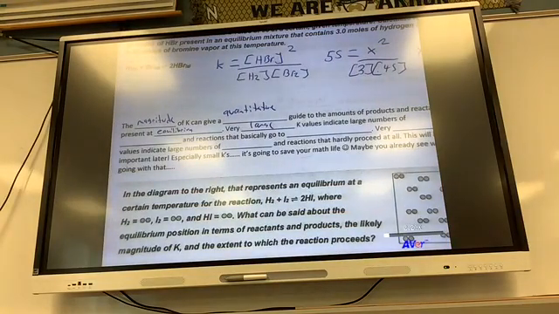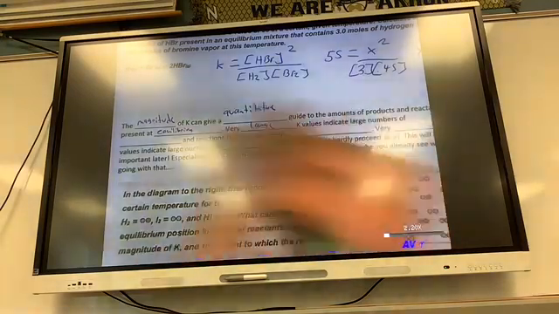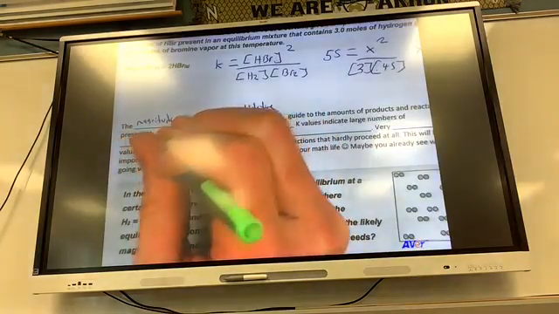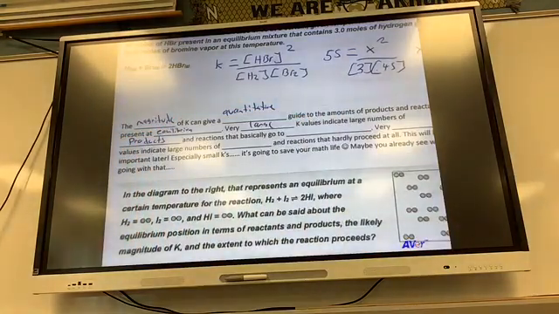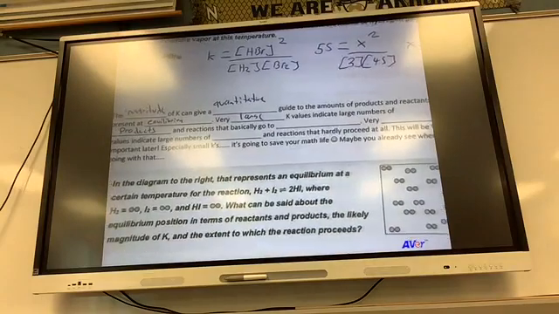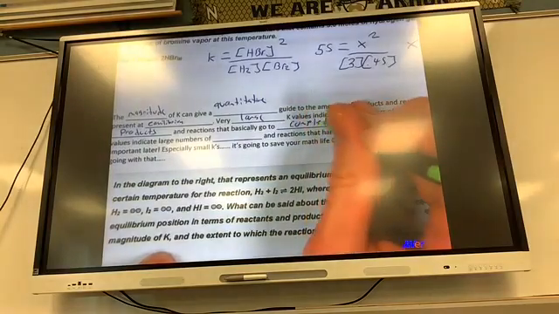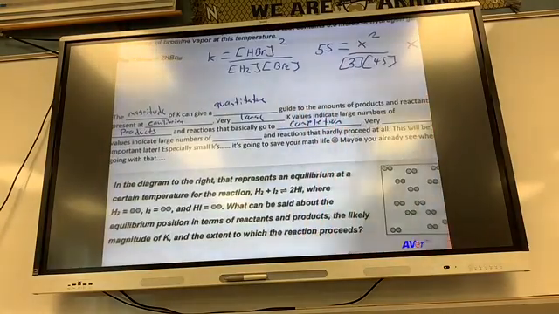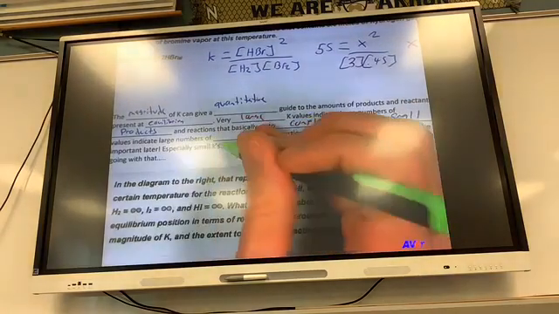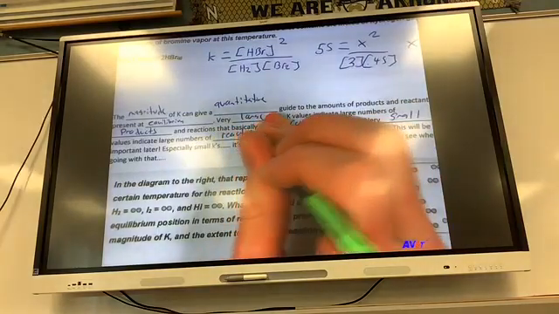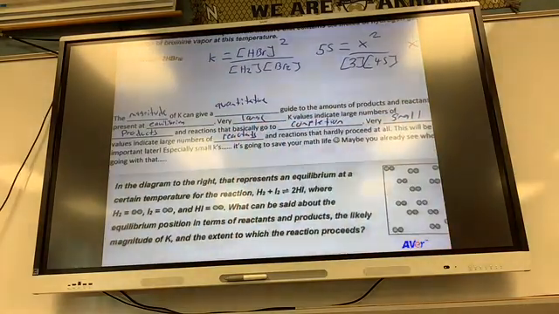We know that in the K expressions, products are on the top. Very large numbers of products, in reactions that basically go to what? Completion. Very small K values indicate large numbers of reactants, and reactions that hardly proceed at all.